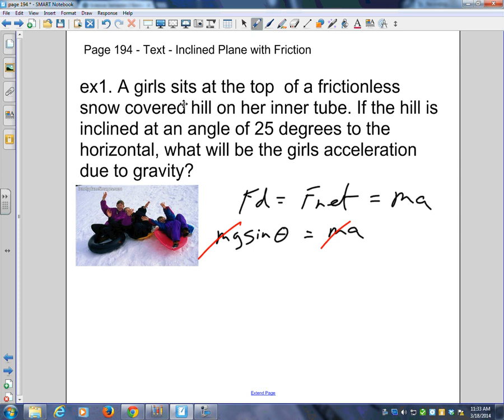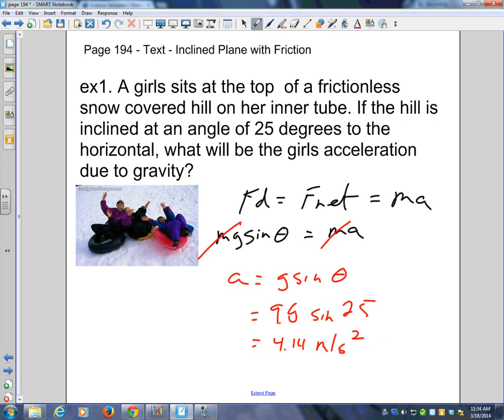So in this case, the acceleration is equal to g sine theta, or 9.8 times the sine of 25, which is 4.14. Nothing to it, right?